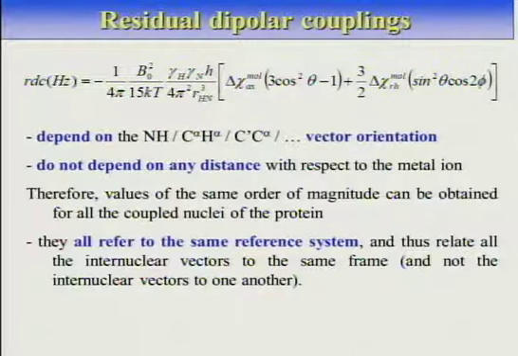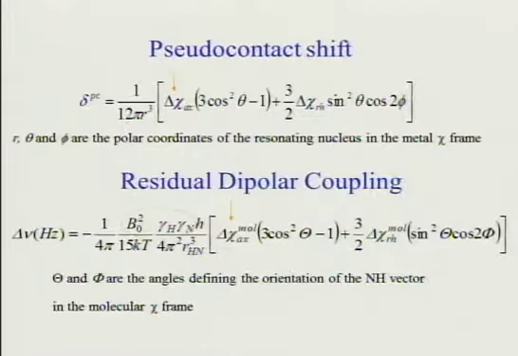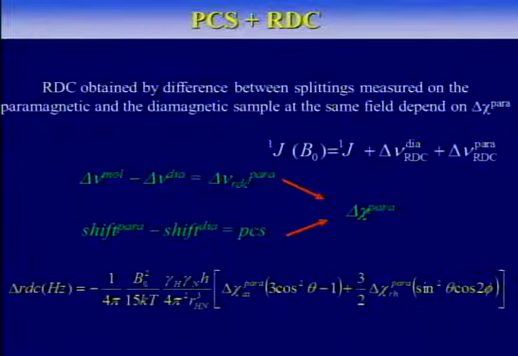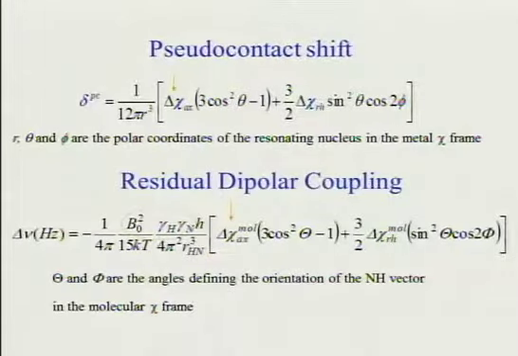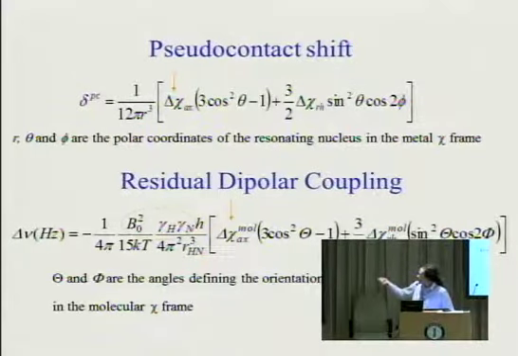Here you get the same result by subtracting paramagnetic and diamagnetic systems. In this way, you get residual dipolar couplings that, in principle, depend on the global, so protein plus metal, magnetic susceptibility anisotropy.